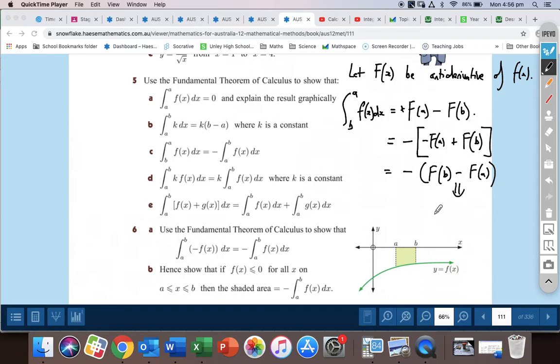Just this bit in here is the integral from a to b of f of x dx. And we took a negative out of it. Let's put it back in, right? And now we've got this statement here. So we started there, and we showed the right-hand side with some manipulation there.